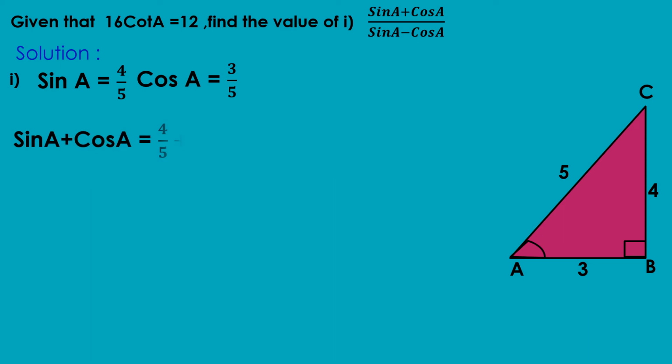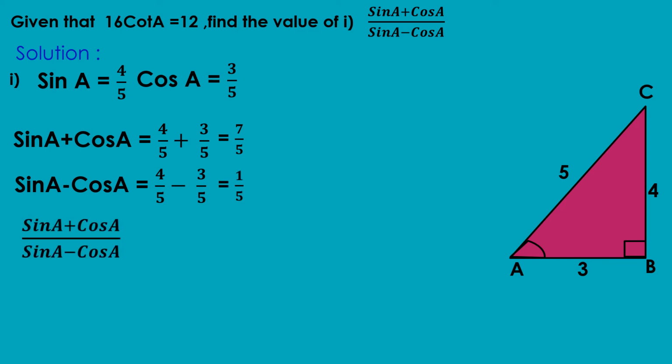Then sin A plus cos A is equal to 4 by 5 plus 3 by 5. Here denominators are equal, so we can add the numerators, it makes 7 by 5. Then what is sin A minus cos A? That is 4 by 5 minus 3 by 5. Here also denominators are equal, so we subtract the numerators, then it makes 1 by 5.